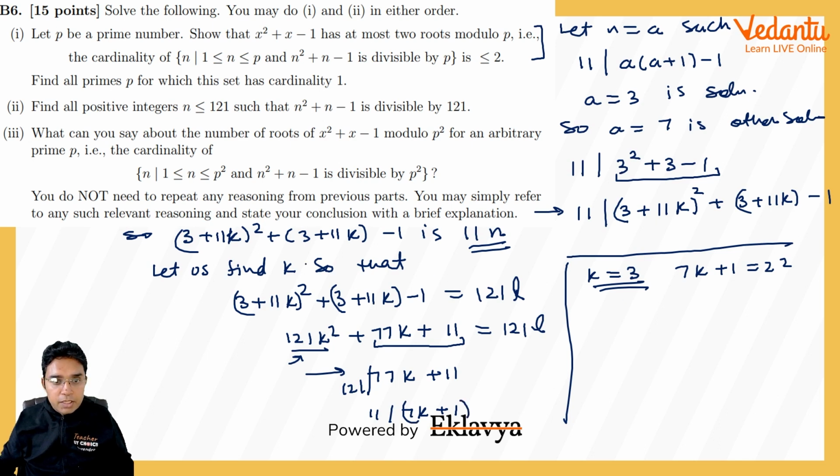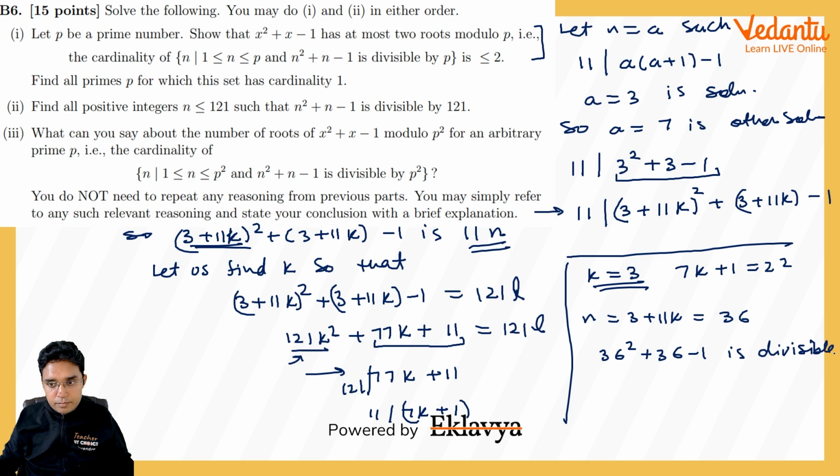Okay, and for k equal to 3, my number n, this n equal to 3 plus 11k, will become 36, and 36 square plus 36 minus 1 is divisible by 11. It can be checked. Sorry, not just 11, it will be divisible by 121.